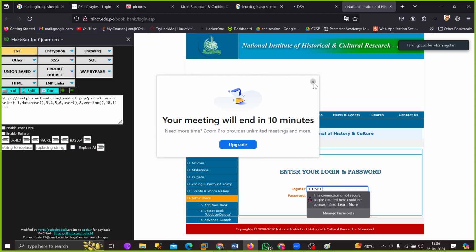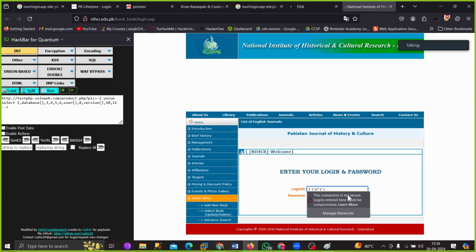We have only 10 minutes. Will this payload work over here?